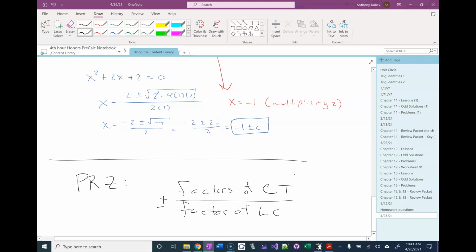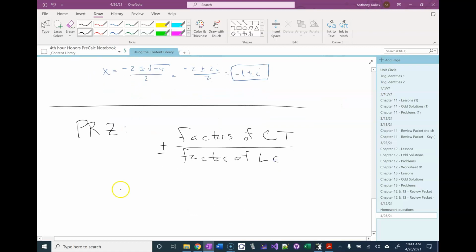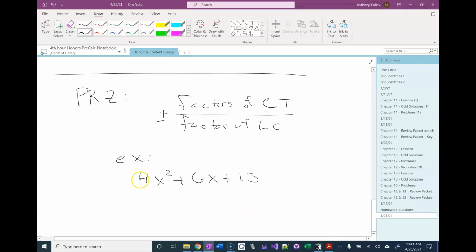So for example, if we have like 4x squared plus 6x plus 15, my factors of the constant term are 1, 3, 5, and 15.